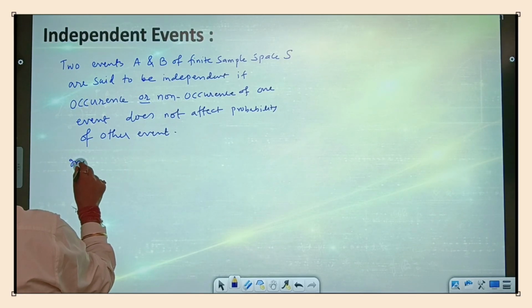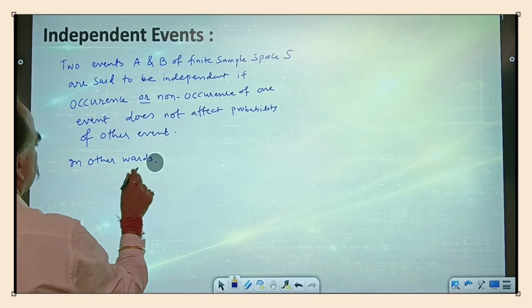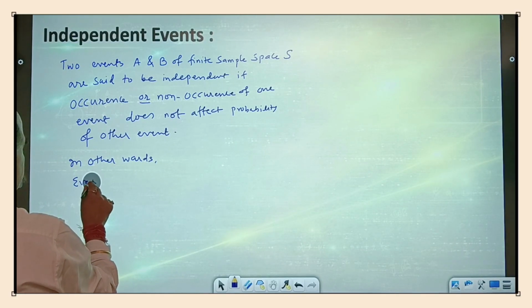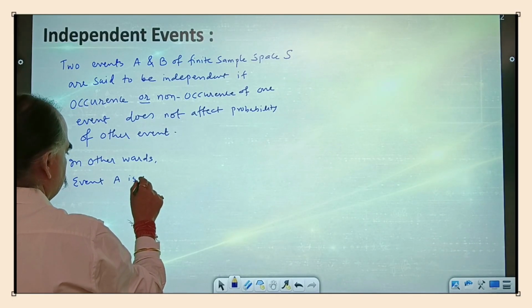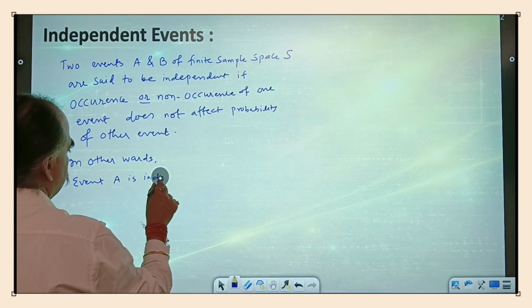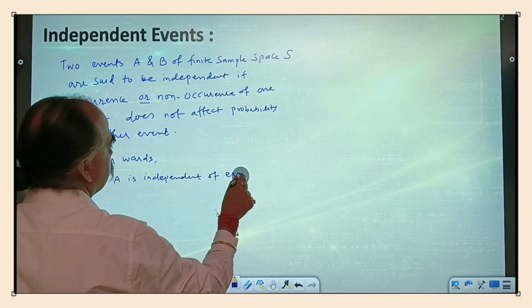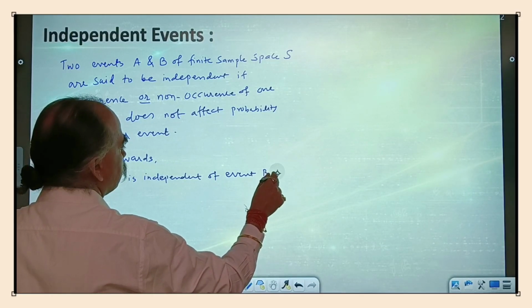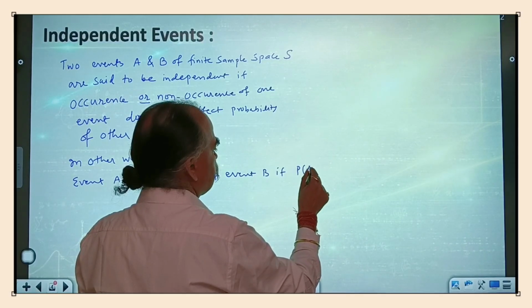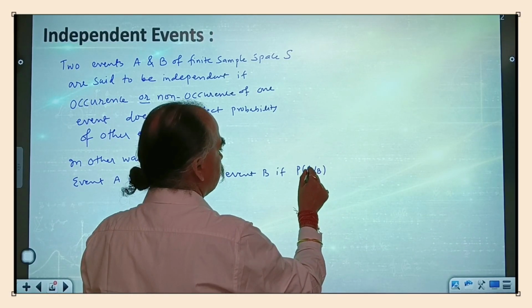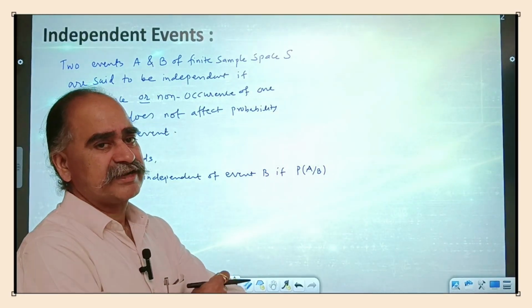In other words, event A is independent of event B if probability of A by B, this is conditional probability of A under the condition that B has taken place.